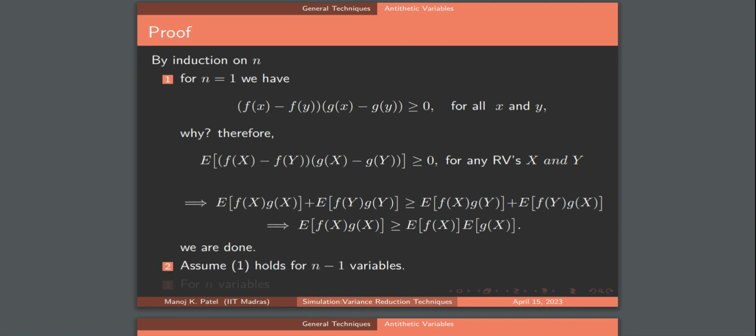Now assume that the inequality, equation 1, holds for n minus 1 random variables. Now for n random variables, we'll use the conditioning on the nth component of the vector X of random variables.